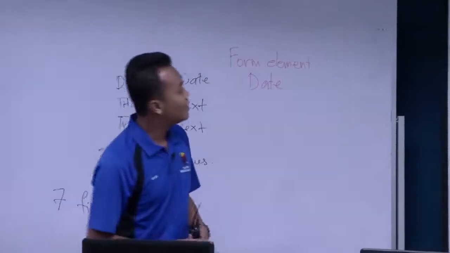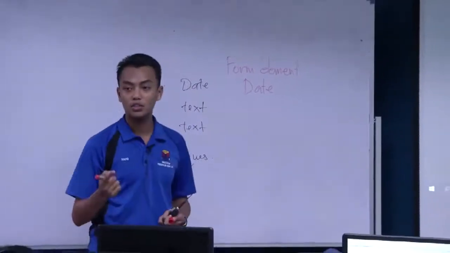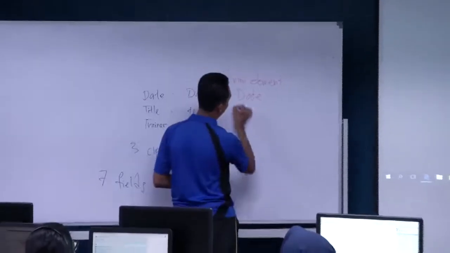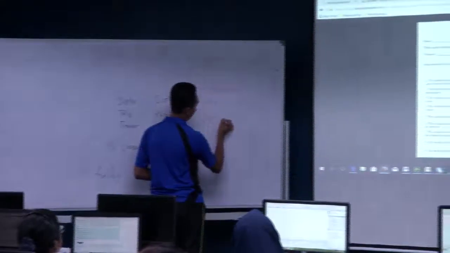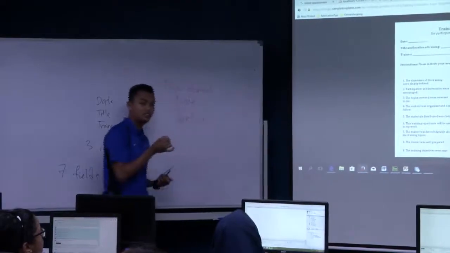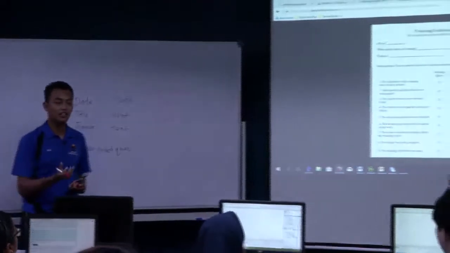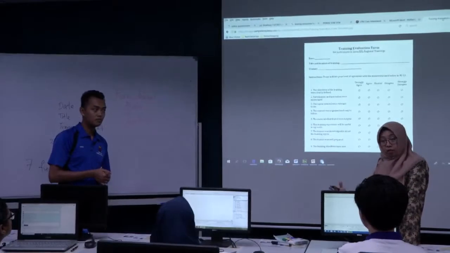And then for the title, for example, text entry or text area? Text entry or text area. Text area is too big, I think. Syafiq says text area is too big.